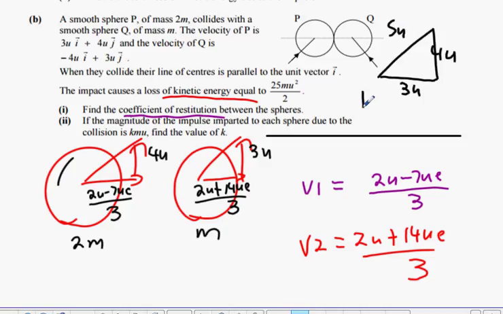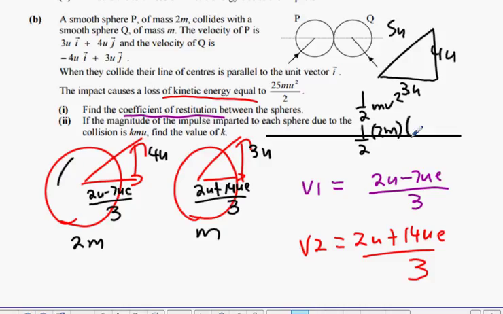So that means it's a half mv squared, which is a half times 2m. You could actually write it like this: it's going to be 5u squared anyway, and 5u squared is 25u squared.